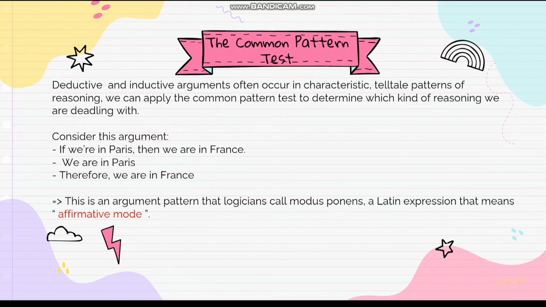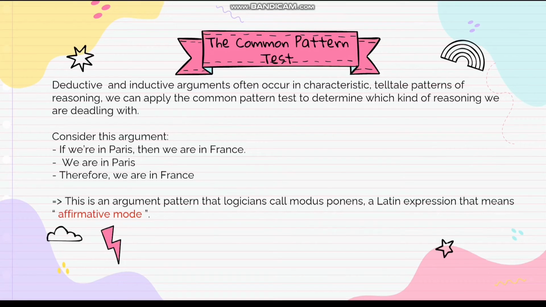We are in Paris, therefore we are in France. This argument follows a format that is common in deductive reasoning. It follows a typical pattern: if the first assertion is true, the second statement is true. The first assertion is correct. As a result, the second assertion is correct.